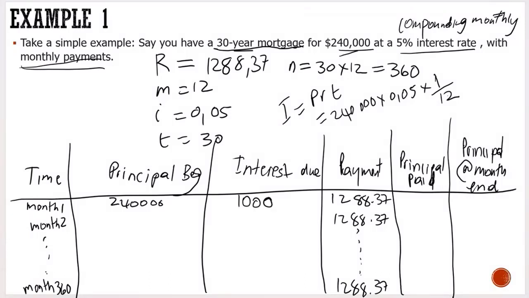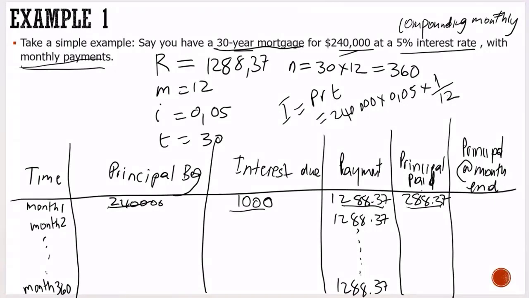Now to get your principal paid, according to our formula on the previous slide, this payment minus this will give you the principal that is paid, which is going to be 288.37. So what is going to be the principal at the end? It is going to be this amount minus this, according to our formula.